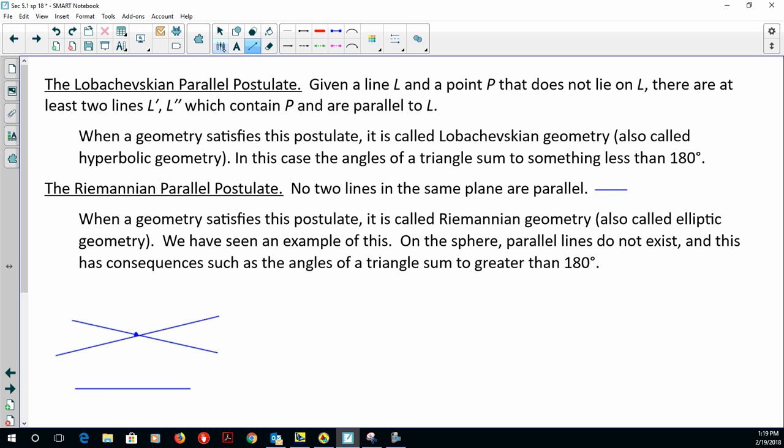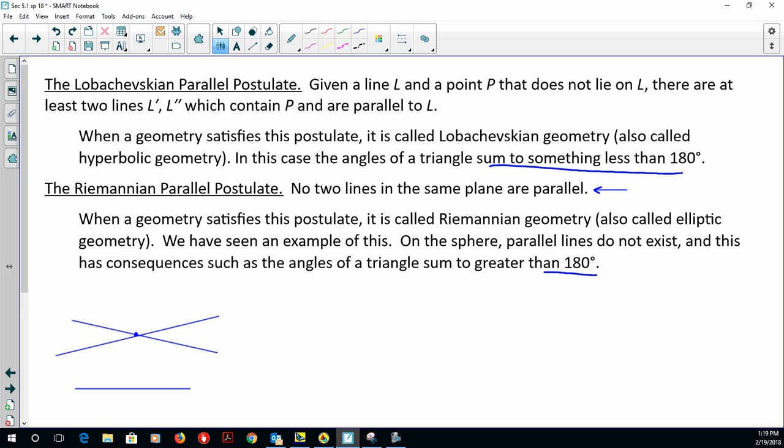In Lobachevskian geometry, in the case where you have more than one parallel line, when you add up the angles of a triangle, you get less than 180 degrees. In Riemannian geometry, you get something greater than 180. In Euclidean, you get exactly 180.